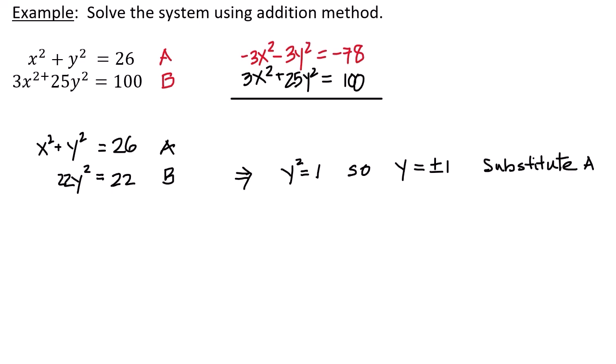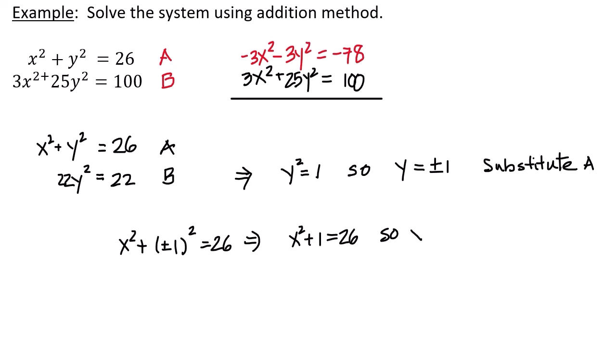I'm going to substitute back in a. So when y is plus or minus 1, it's the same whether it's plus 1 or minus 1: x squared plus 1 equals 26.